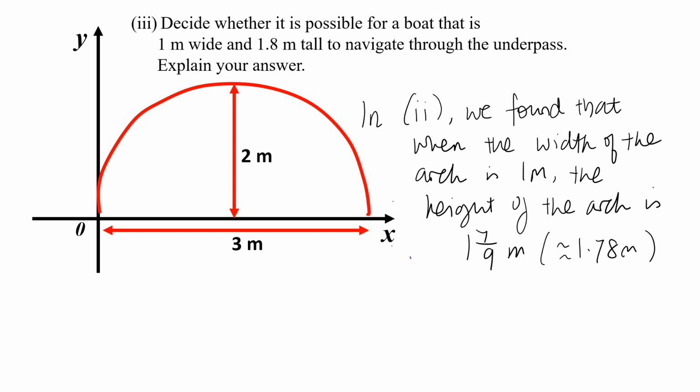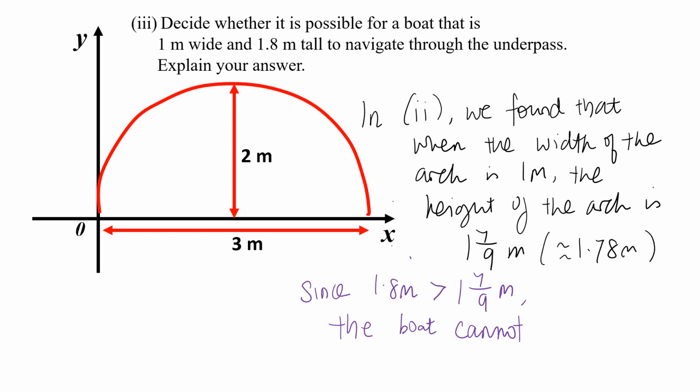In part 2, we found that when the width of the arch is 1 meter, which is the width of your boat, the height of the arch is 1 7/9 meters. Since 1.8 meters is more than 1 7/9 meters, sorry to the boat, the boat cannot navigate through the underpass.